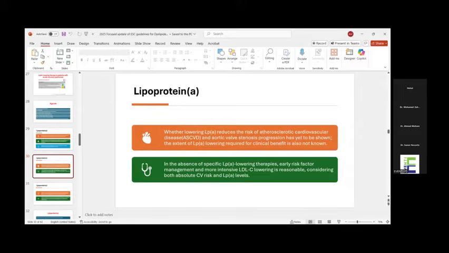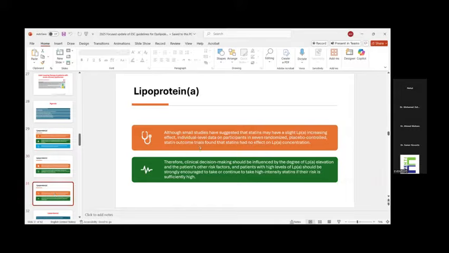In the absence of specific lipoprotein A lowering therapies, early risk factor management and more intensive LDL cholesterol lowering is reasonable, considering both absolute cardiovascular risk as well as the baseline lipoprotein A level. So this is a very important point. Till now we don't have a specific therapy to lower lipoprotein A.